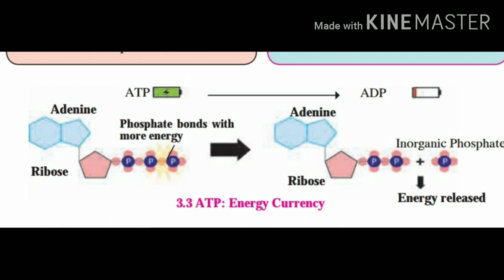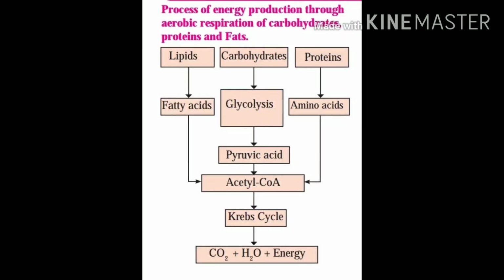It contains a nitrogenous compound adenine, pentose sugar ribose and 3 phosphate groups. As per the need, energy is derived by breaking the phosphate bonds of ATP and hence ATP is called the energy currency of the cell.